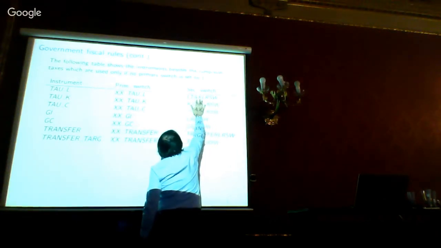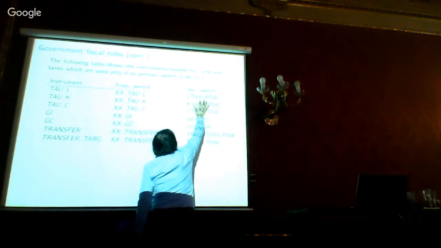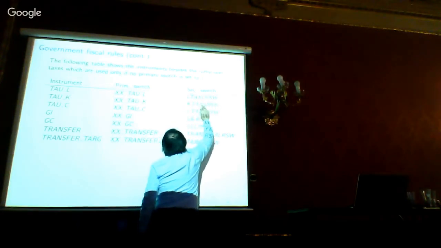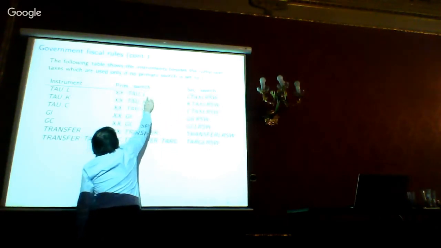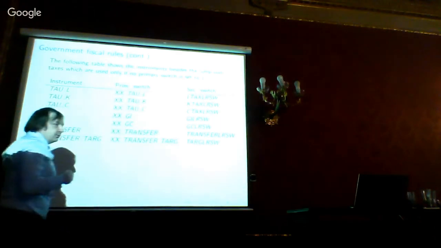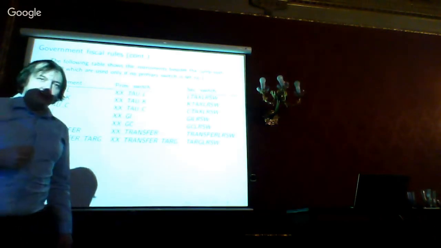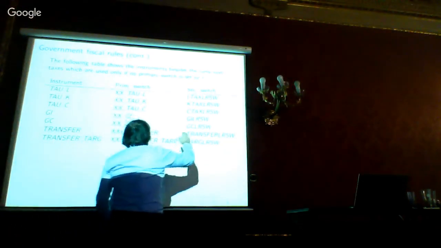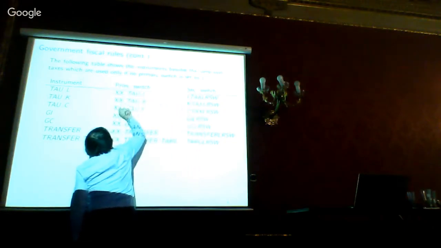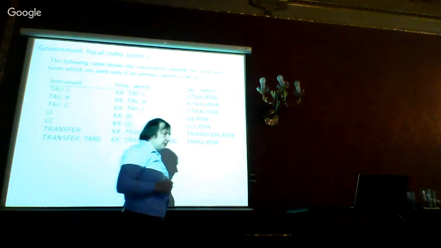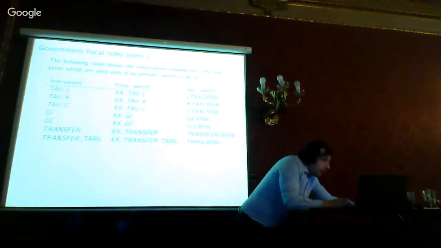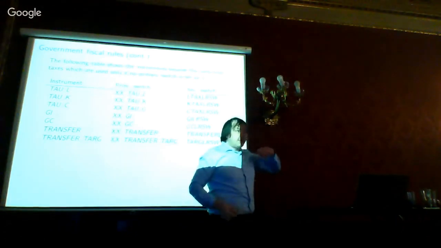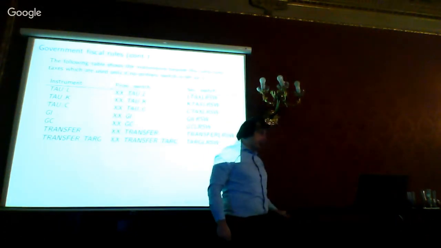If it is switched on, if this is 0 and this is 1, then the labor tax rate is used to clear the deficit. If this is 0 and this is 0, then the tax rate stays constant. So the tax rate was 10%, then it stays constant at 10%.